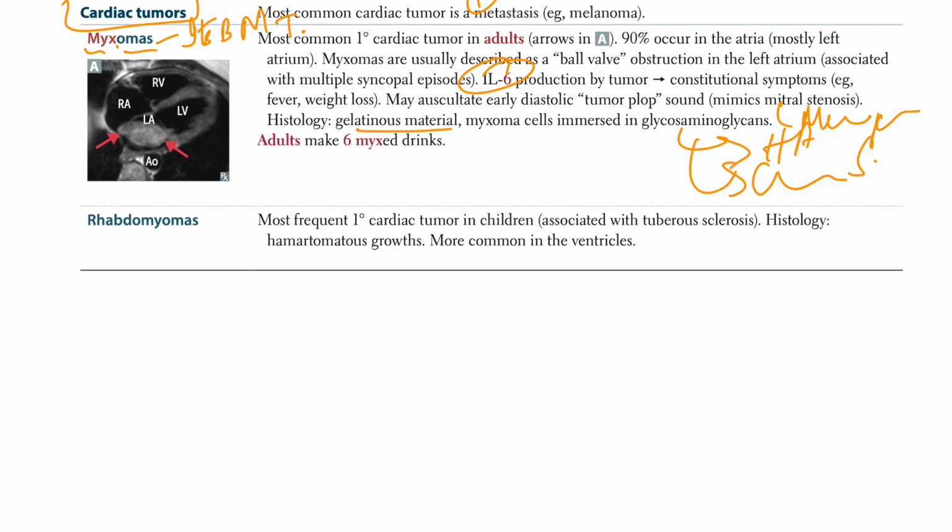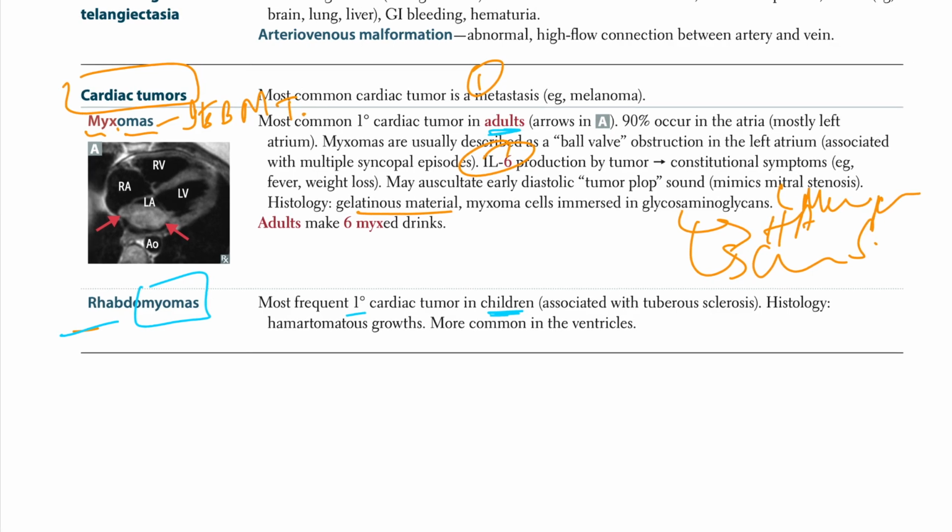Now let's look at the last one here. It's called rhabdomyoma. Let's change color. Rhabdomyomas are the most frequent primary cardiac tumor in children. So let's see the difference. We said that myxoma is adult, and this is children, associated with tuberous sclerosis. Histology is hamartomatous growth.